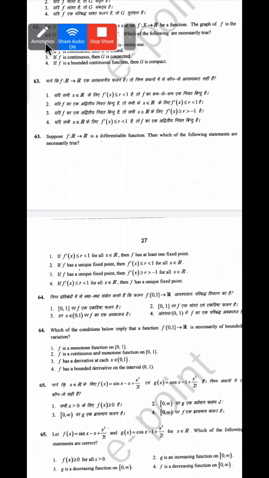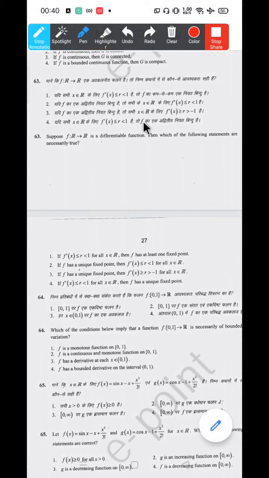Yeah, what is this? Suppose f from R to R be a differentiable function, then which of the following statements is necessary for a differentiable function? If the derivative of f is less than 1 for all x belonging to R, then f has at least one fixed point. Yeah, at least one, it actually has a unique fixed point. Option 4. Yes, the function is complete and R is complete.